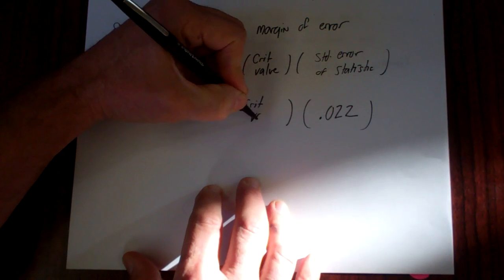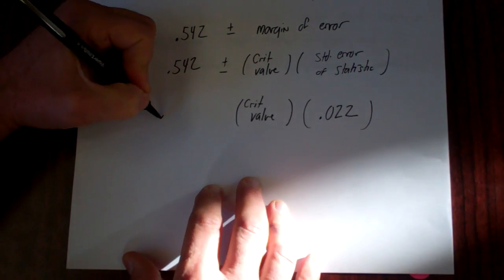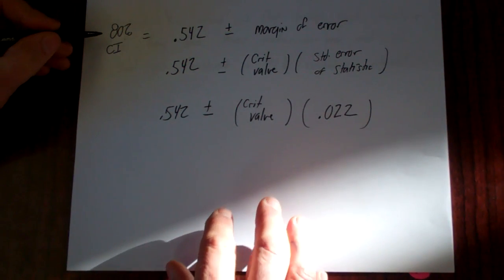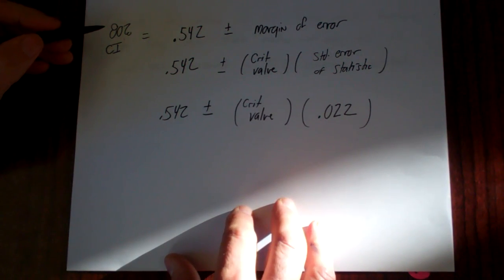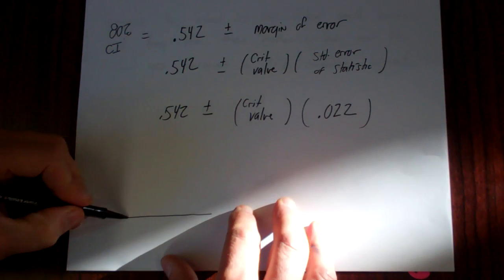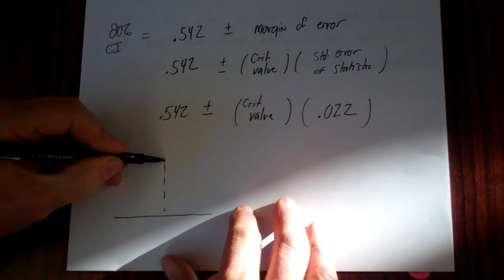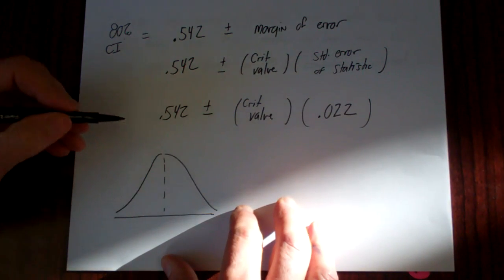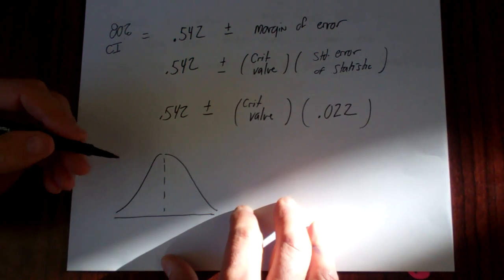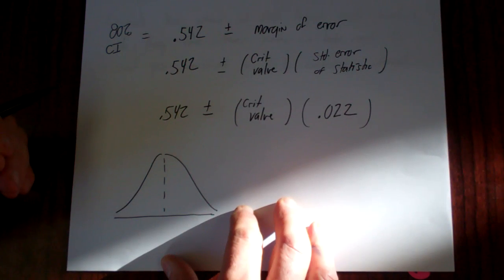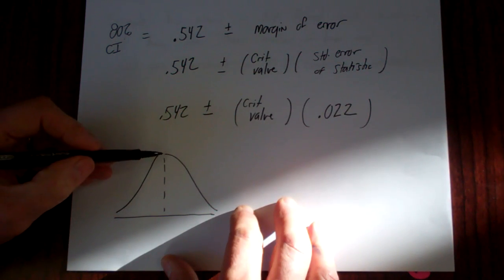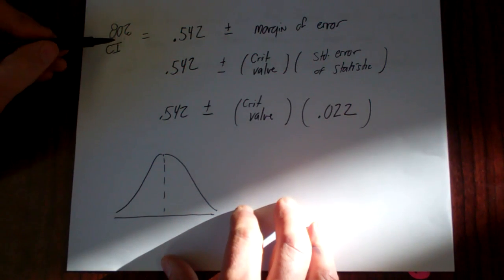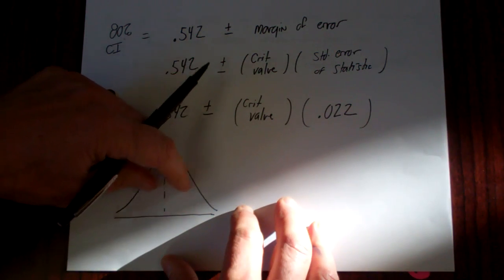Let's think about what we mean by critical value. Well, we want an 80% confidence interval. And we know that the distribution is normally distributed, right? That's one of our conclusions about the sample proportion. What we're going to want is the critical value so that 80% is within the center of the distribution.